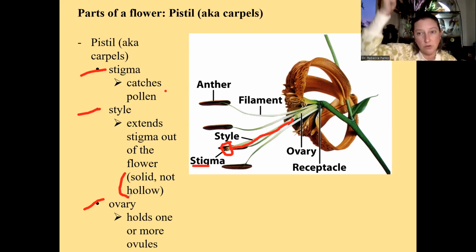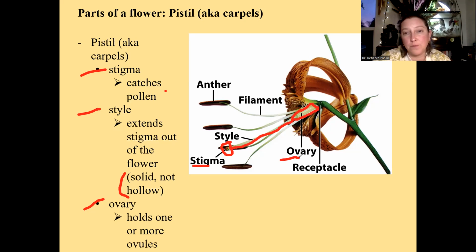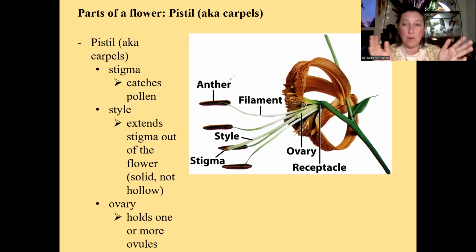The style is attached to the bottom part of the female portion, the ovary. Remember, in a flowering plant, inside of that ovary is where the ovules are. So the female part of the flower, pistil, aka carpels, has the stigma, the style, and the ovary.